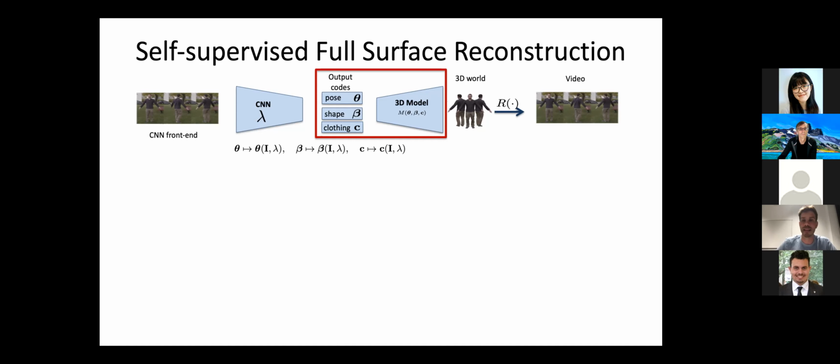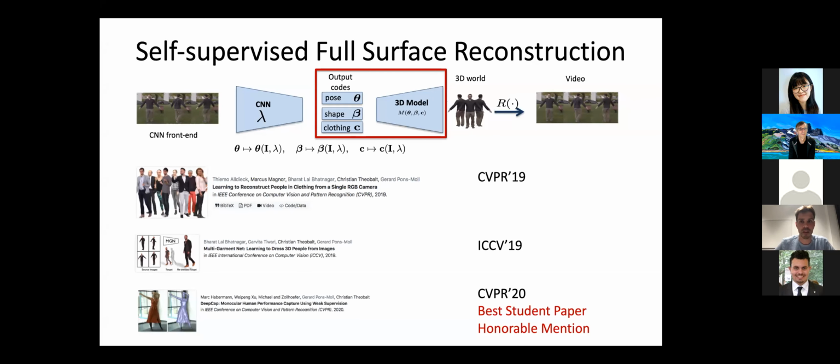And this idea of self-supervised learning was also presented for bodies without clothing. Like you probably know HMR. We also had a version which was called neural body fitting. And here we basically extended this idea to also predict clothing. So we have different works doing this self-supervised framework.